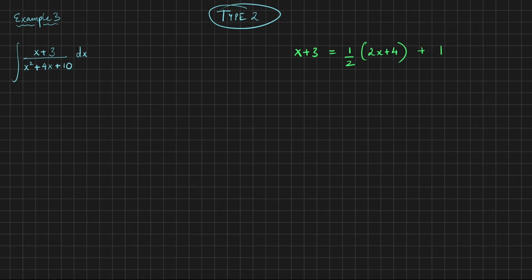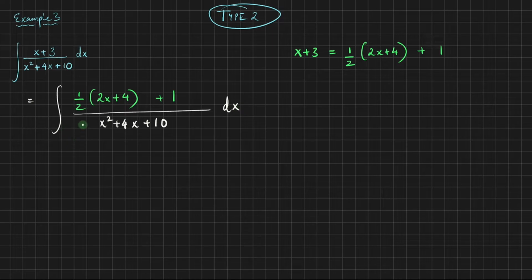Now this transformation might seem a little bit tricky, but I promise you, you will get used to it after some practice. Anyway, the point of doing all this is to rewrite x plus 3 as half of 2x plus 4 plus 1, and we have the integral of this thing over x squared plus 4x plus 10 dx.